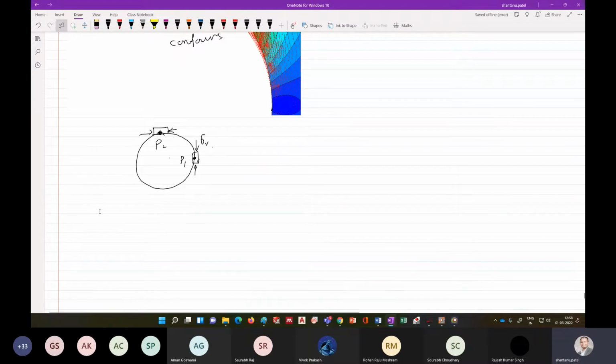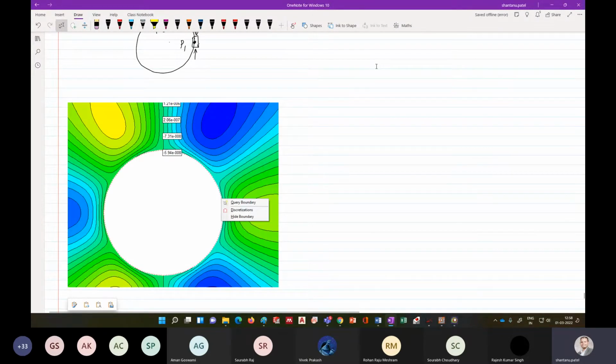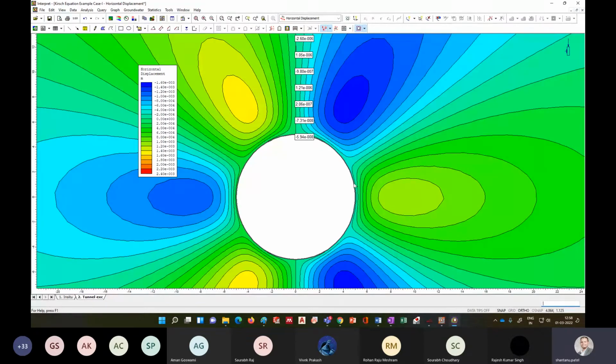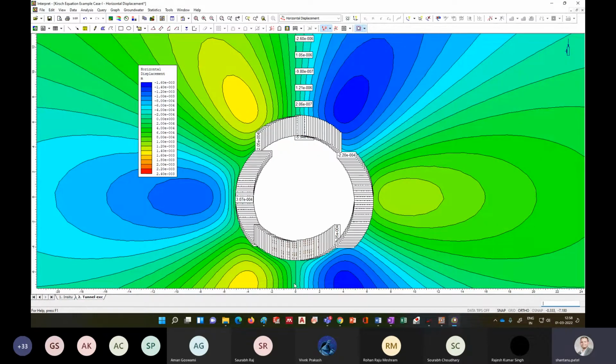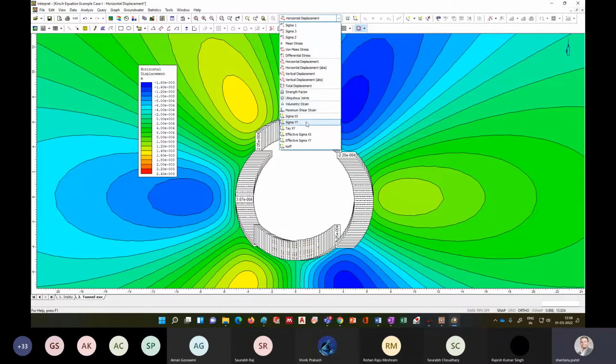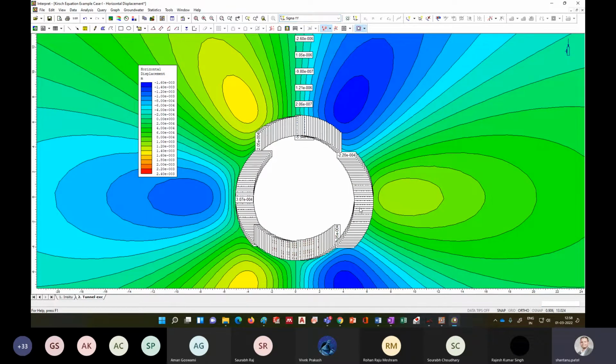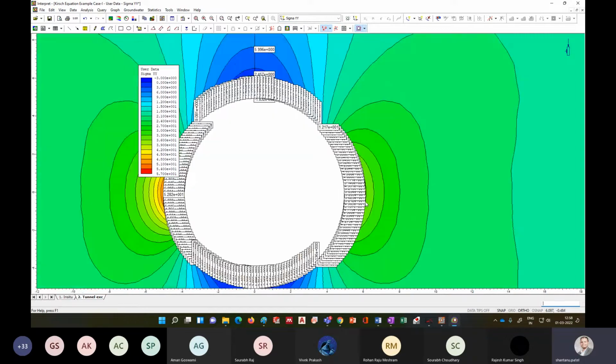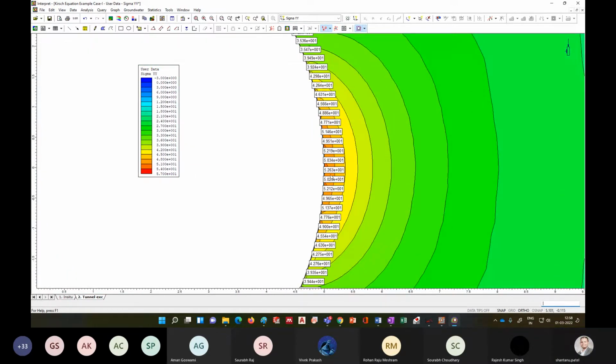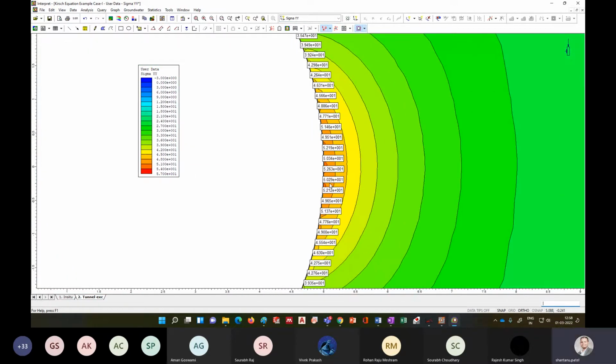So just click query boundary, right click, and query boundary on the excavation boundary and click OK. So see, if I see my vertical stress, let's see how much it is coming at the middle point. Can you tell me the value? Anybody?